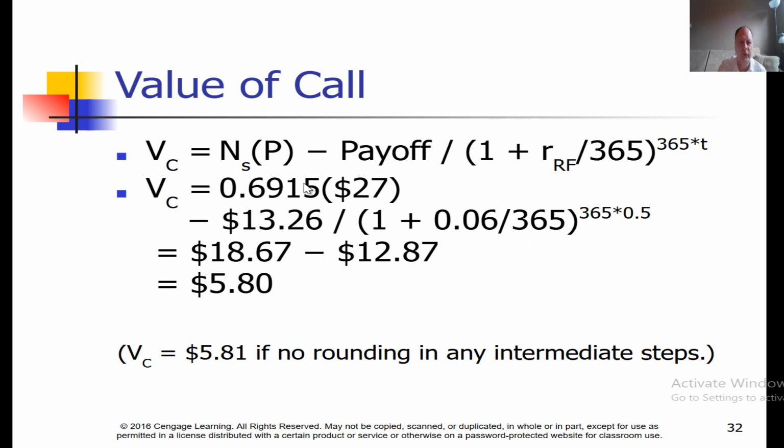Well, 0.6915 times 27 is 18.67. The present value of this is 12.87. So the value of our call option today is $5.80.